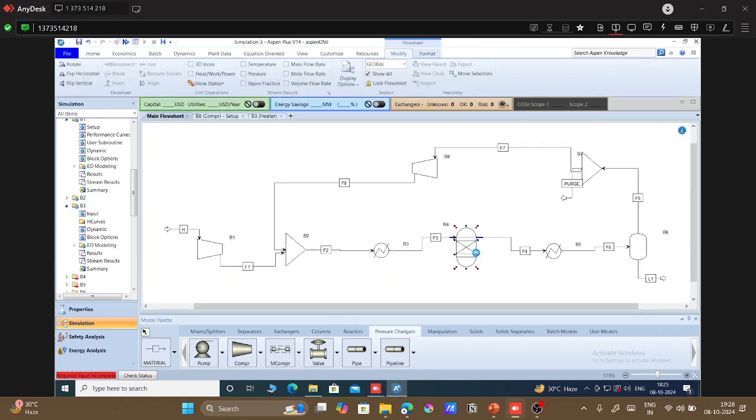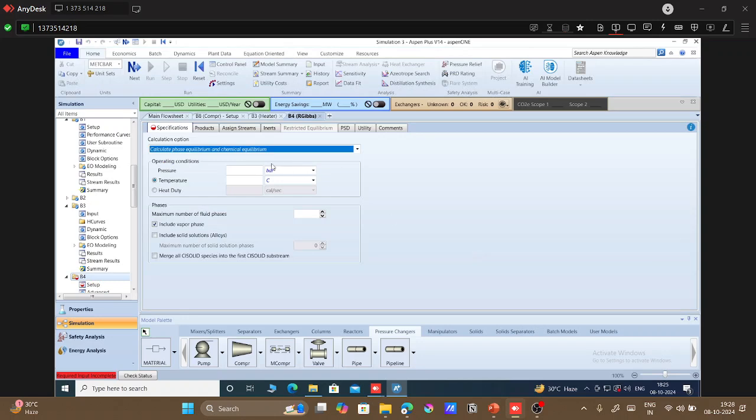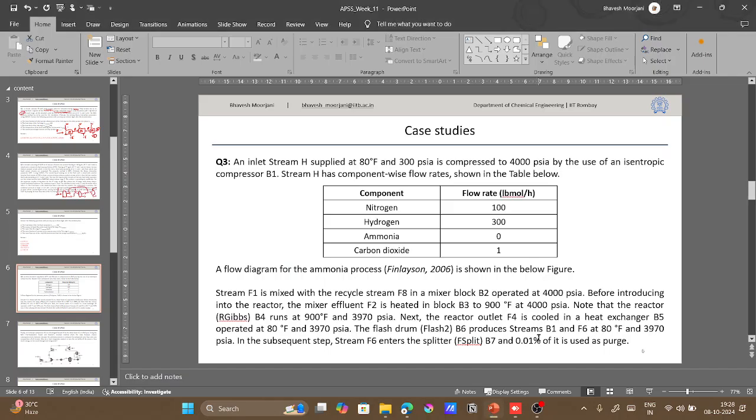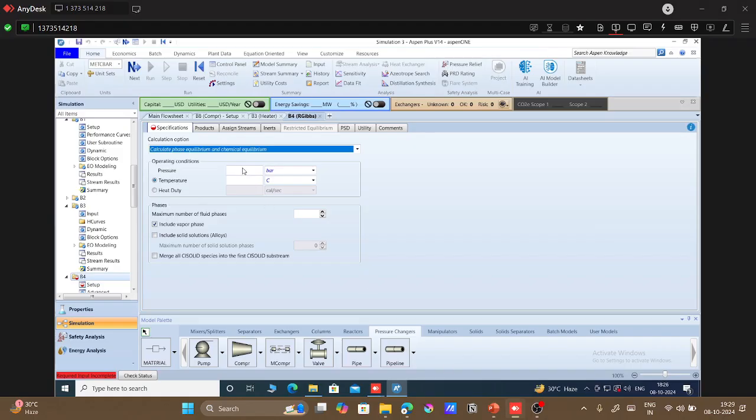Then we have reactor data. For the reactor, it has been said that the reactor B4 runs at 19 degree Fahrenheit, but there is a slight pressure drop in the reactor. So instead of 4000 psi, it's operating at 3970 psi. So the reactor pressure is 3970 psia, and it's operating at 900 degree Fahrenheit.